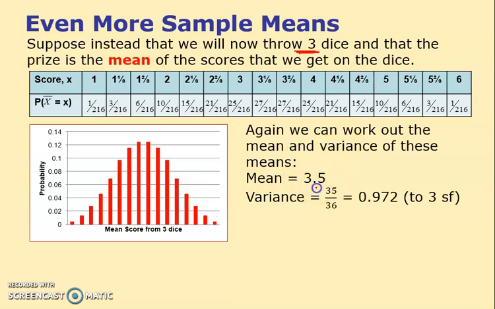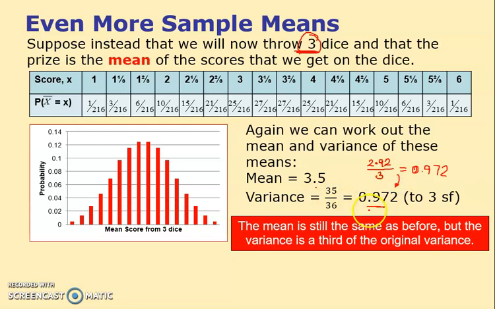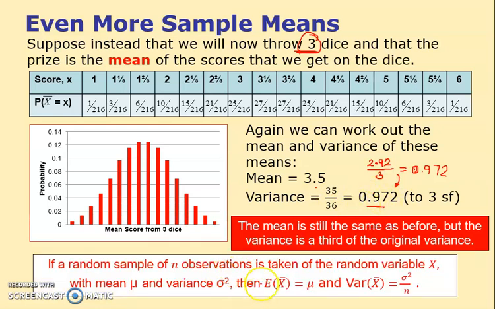The mean is 3.5, the variance is 0.972, and shock horror, if you take 2.92, which we had originally, and you divide now by 3, why 3? Because we've got 3 dice, you now get 0.972. So again, although I've done this via the posh method, actually I could have just jumped straight to it. And this kind of confirms the results we've seen from other sample means.